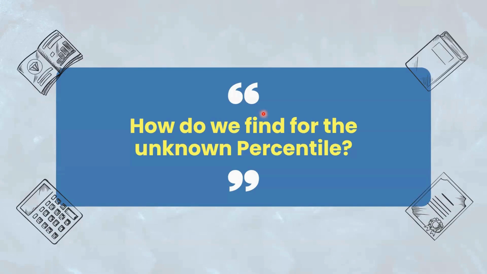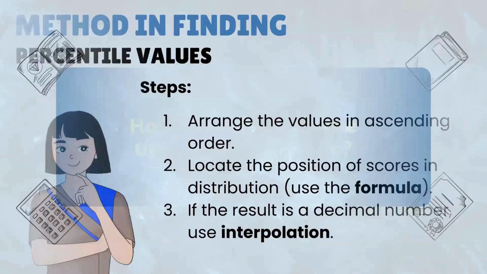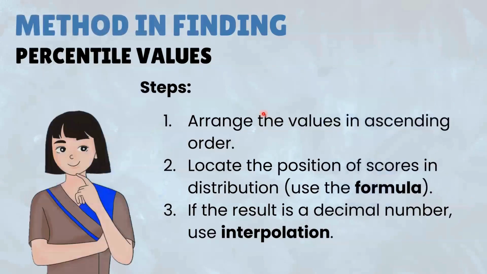Okay, so how do we find the unknown percentile? We have steps to follow, just like in quartiles and deciles. Step 1, arrange the values in ascending order. Step 2, locate the position of scores in the distribution using the formula.